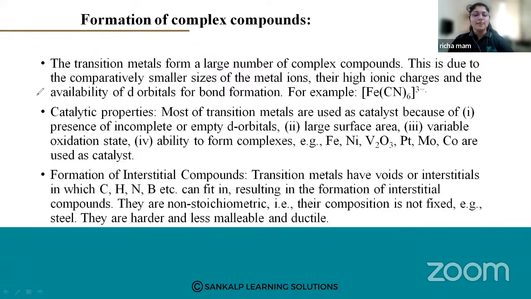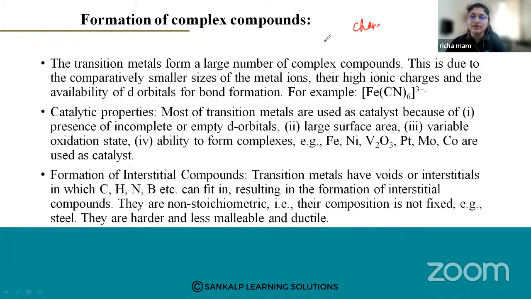Now, why do the metal ions have this tendency to combine with different ions? This is due to two main reasons. First, the transition metals have a very small size and a very high positive ionic charge. Thus the charge density is also quite high.